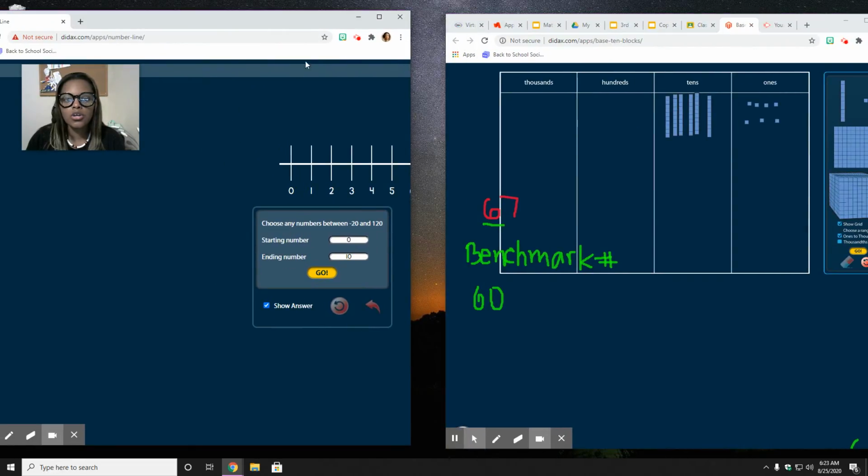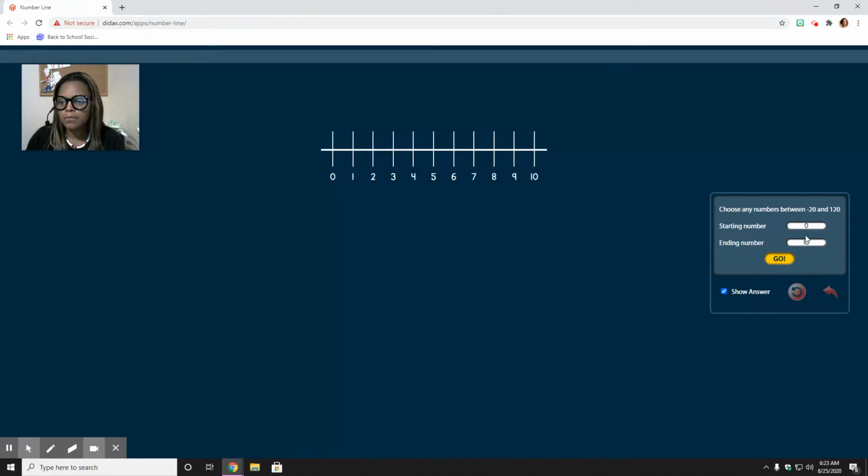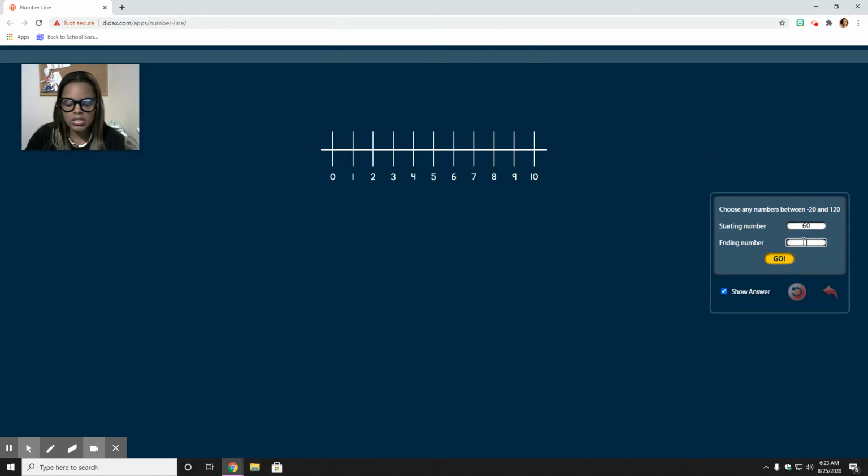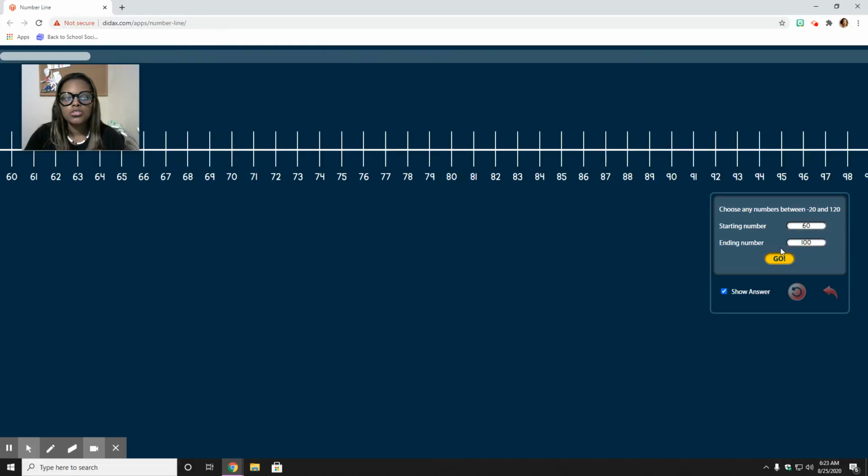On my chart, I'm going to start my number line at 60 and end it at 100 just so I can get a number line up. I've already identified one of my benchmark numbers as 60, and now we're going to count by multiples of 10 to get the second benchmark number.